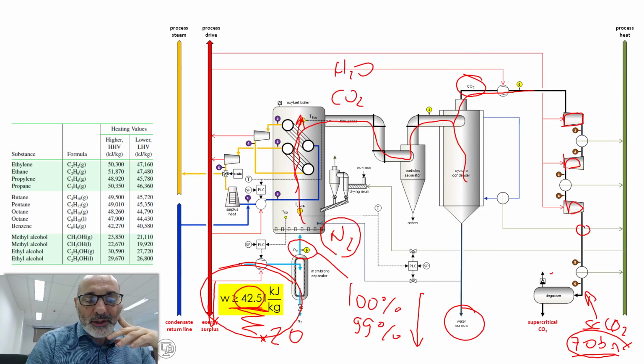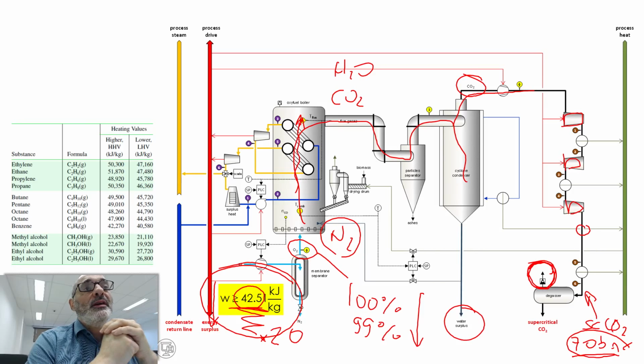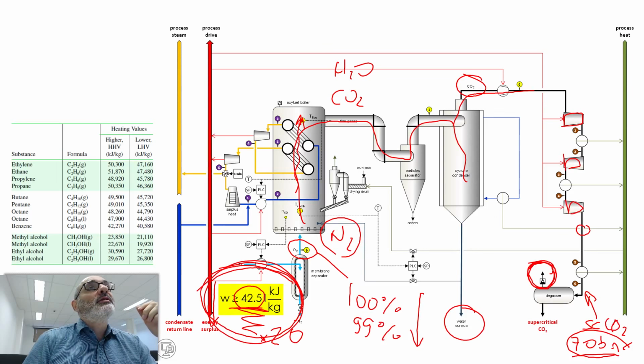So that's why we have non-condensables being rejected here. If I allow some amount of nitrogen to go through the process, I have a very good place to get rid of it. And this can be advantageous in terms of the amount of work involved in the separation process.